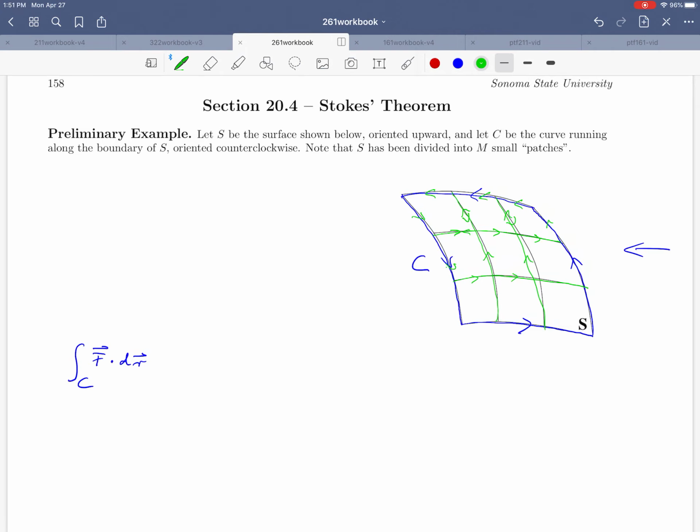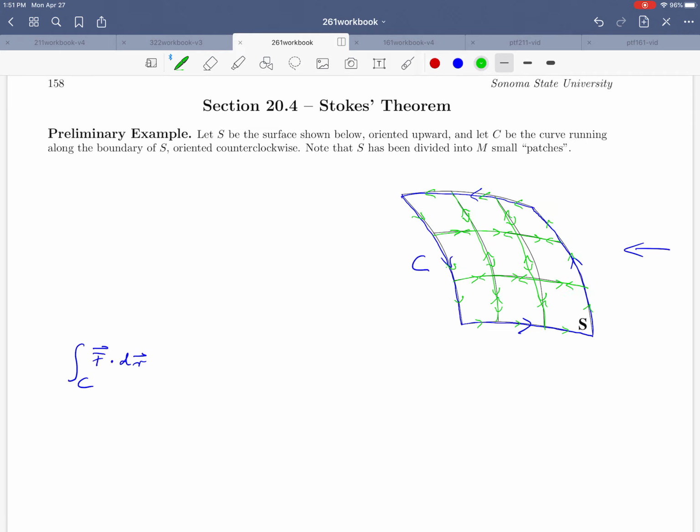And as I'm doing this, see if you notice something. What do you notice happening here? Almost done. So I'm going around counterclockwise for each little subpatch, each of these little boundary curves.